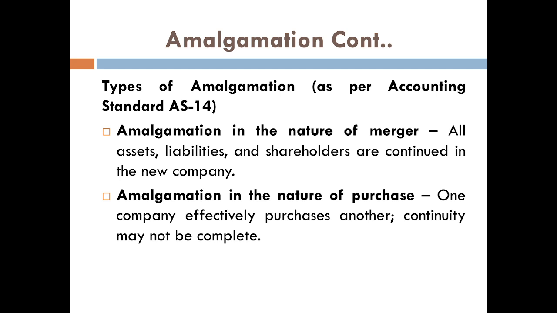Do understand here. Here the identity of the two companies is lost. A new company Z is formed. Here it is effectively purchased by the other company and a new company is formed. So in this case, the terms and conditions of the agreement between the two or more companies who are selling is very much essential to understand.